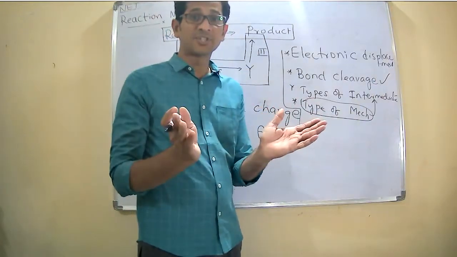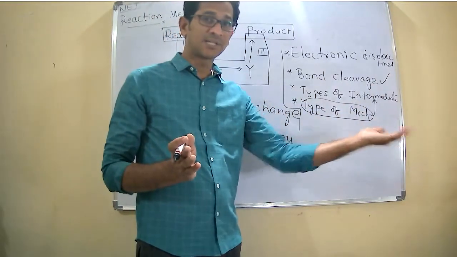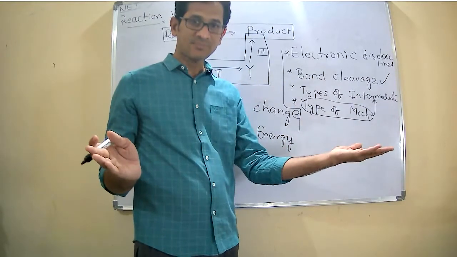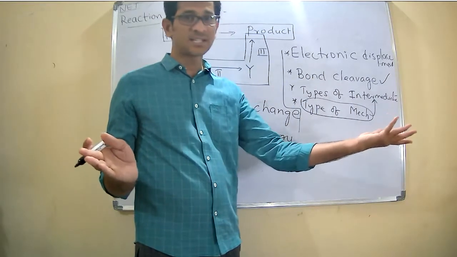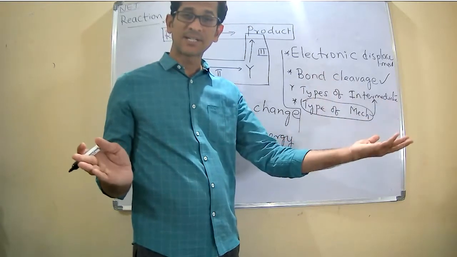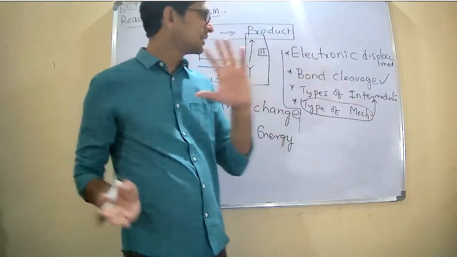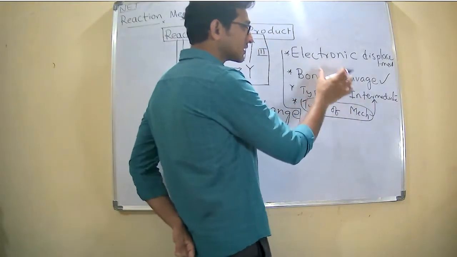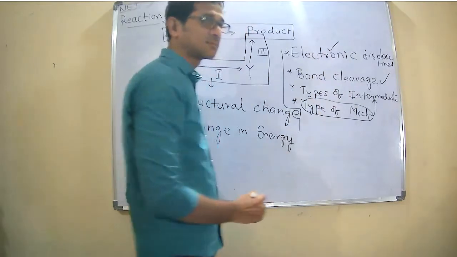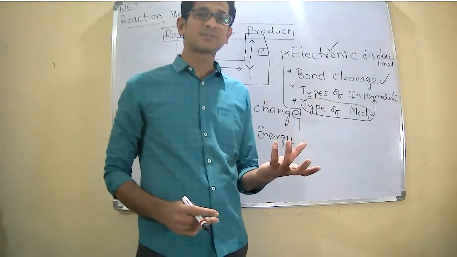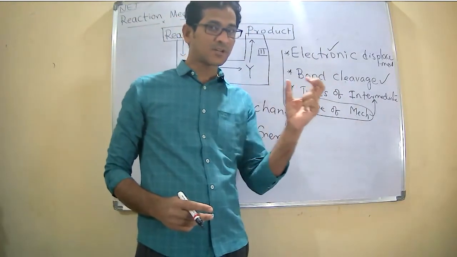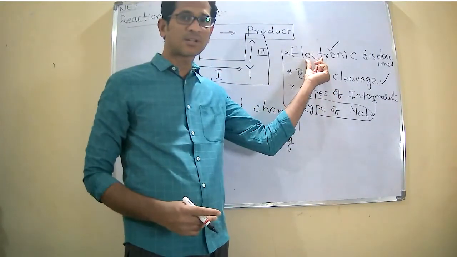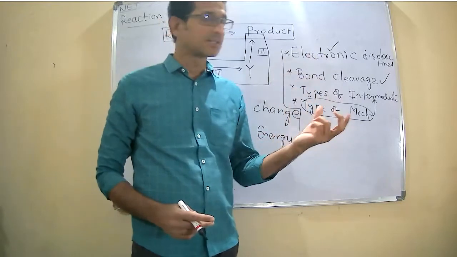Homolytic fission will give the free radical intermediate. Heterolytic fission gives the carbocation as well as the carbanion intermediate. And the bond cleavage depends on the electronic displacement. What is electronic displacement? Displacement of an electron pair in a covalent bond.